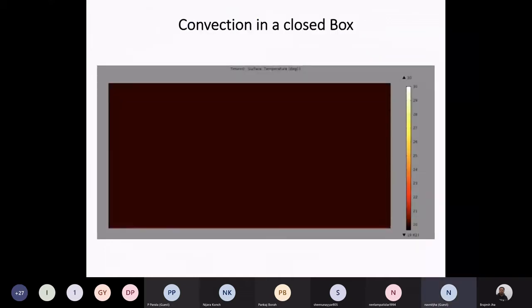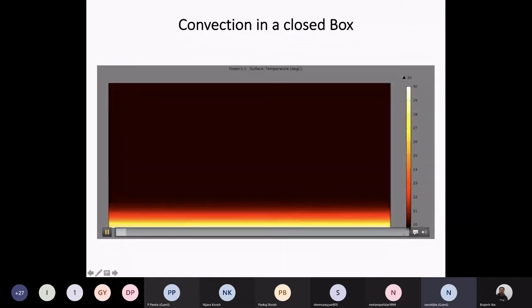Next, I will show a small video. There is a closed box. You can imagine it: nowadays it is winter in the northern part of India, and you are sitting in a house using an electric heater. How the temperature changes inside a room can be visualized like this. This is convection in a closed box.